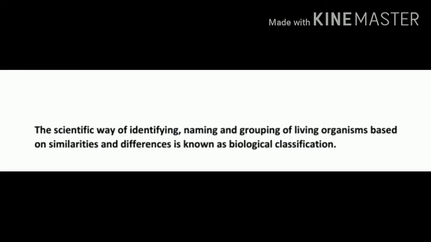Similarly, the living world or the living things are classified into different groups. The living organisms are first identified, then they are given scientific names, and based on their similarities and differences, they are divided into different groups.